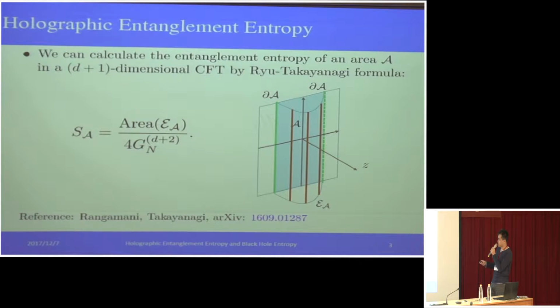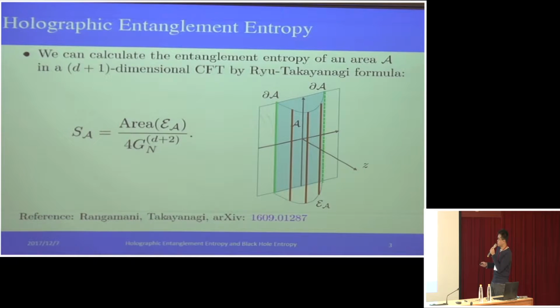Okay, now if we want to see the entanglement entropy of this conformal field theory between this area A and the outside of this area, we use the RT formula, the Ryu-Takayanagi formula listed here, to calculate the entanglement between this area and the complementary area.